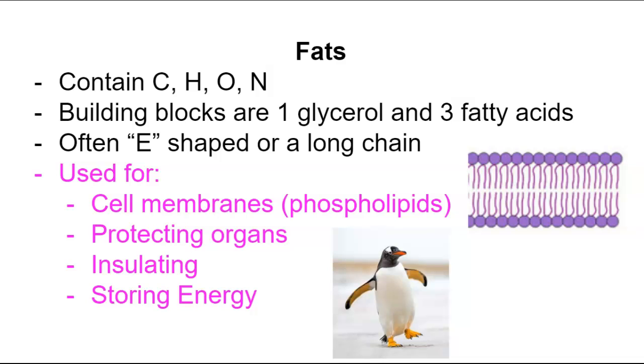And that energy is being stored in case you can't find food later or there's a famine, right? That doesn't typically happen nowadays, but in the times of hunters and gatherers, that was pretty common. They didn't know when they would get their next meal or when they would be able to hunt down their next animal. So it was really important for them to store up that energy.